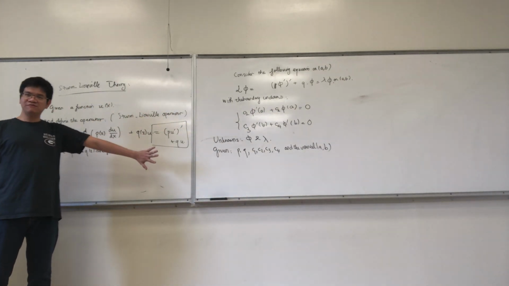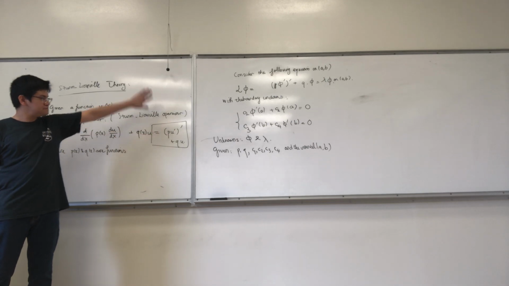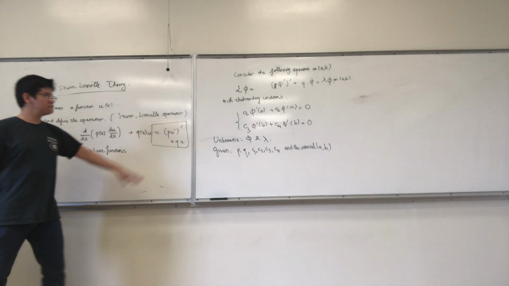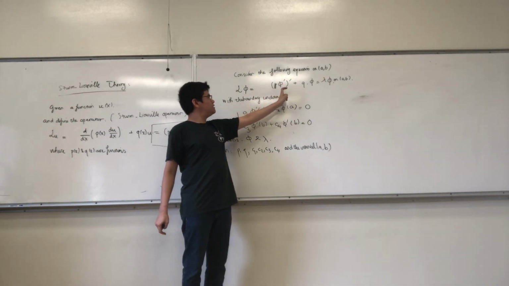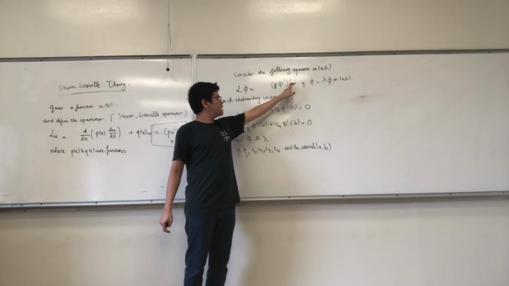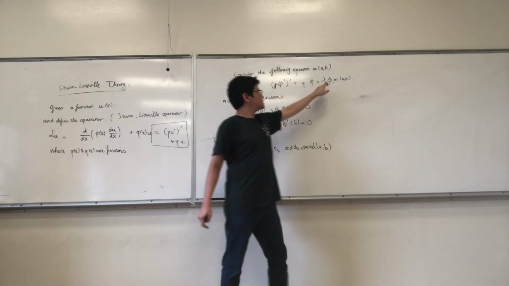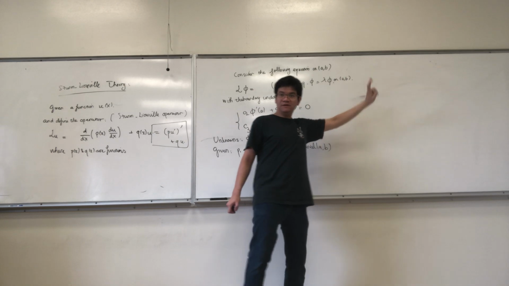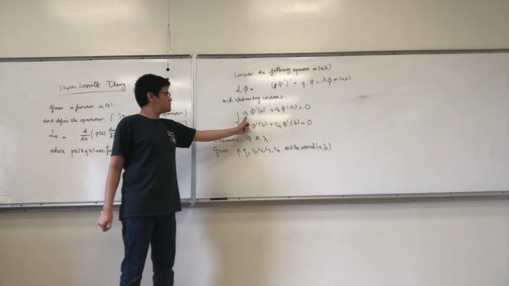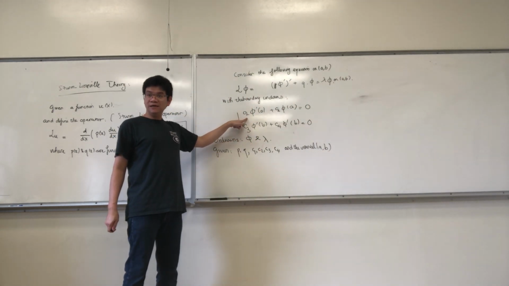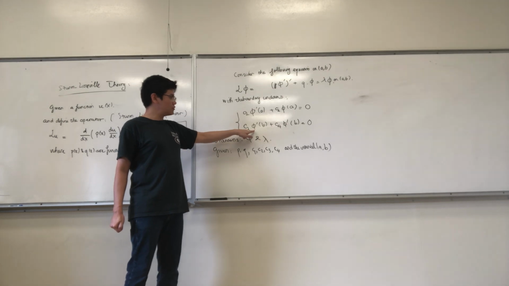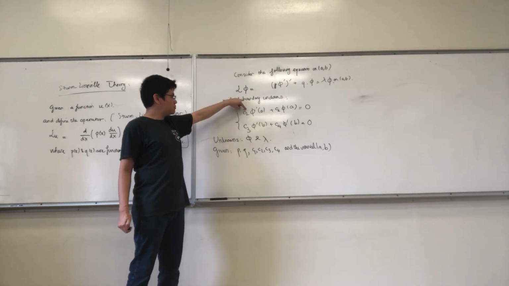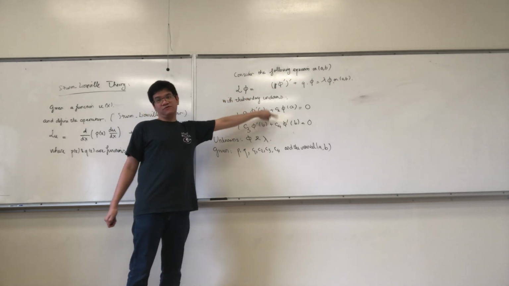So this is the abstract form of the equation that we have. You have (P phi')' plus Q phi equals lambda phi, and this is solved on [A, B]. You have a boundary condition at the point A and a boundary condition at the point B, and they have those forms.